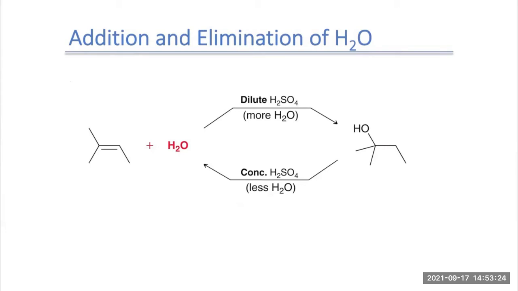So if we want to go from our alkene to our alcohol, we need to use dilute acid and have more water around. If we want to go from our alcohol to our alkene, then we need a concentrated acid and less water around. So in the course of doing these reactions, remember the acid we're using is a dilute acid. We don't want to use concentrated acid. If you do use concentrated acid, then it goes backwards and it goes from the alcohol to the alkene.